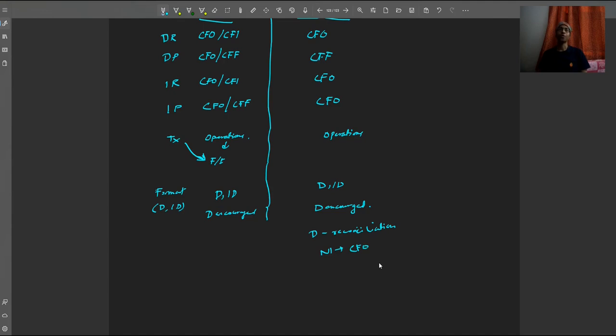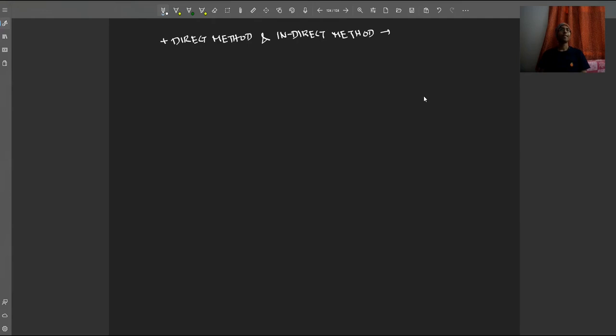So net income has to be adjusted, and that adjustment has to be shown step by step, and we have to arrive at cash flow from operations. This reconciliation is needed when the direct method is used under US GAAP. Majorly the indirect method only is used. So now we will understand what is a direct method and what is an indirect method.